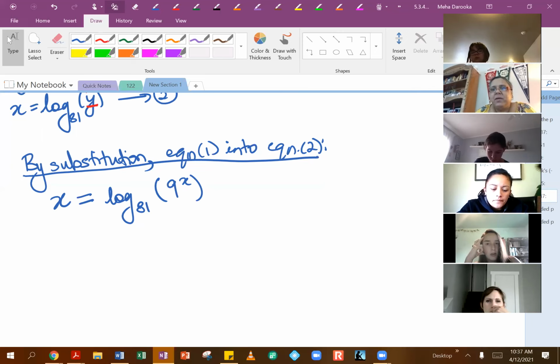Not at this point. Once we clean it up a little bit. So what should we start with before we do that? Should we change it to exponential form? Okay, so how would we do that?